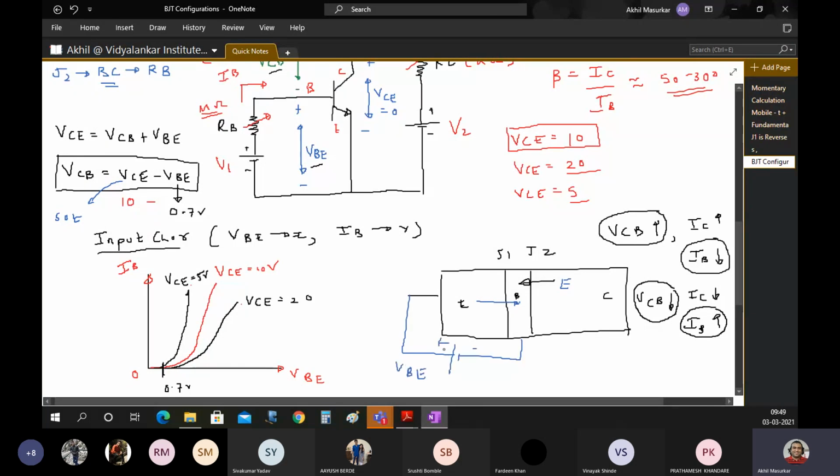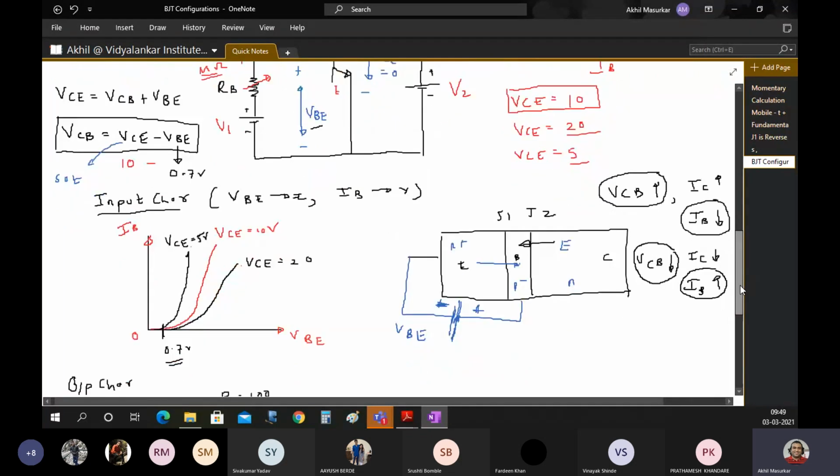So this is, let's say, N plus P minus N. So the rate at which you are injecting the electrons inside the base is constant. And even if you increase the electric field further, you will not get an increased flow of electrons.